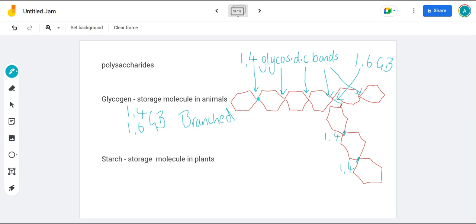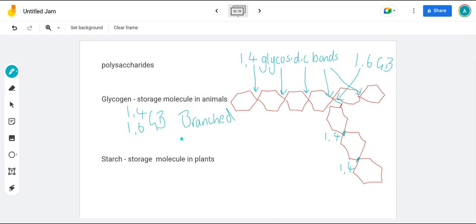And in breaking these glycosidic bonds here, and then respiring the glucose molecules, we could release energy. Okay, now we've only got 2 glucoses accessible. Now, as soon as we've got a branch, we've then got 3 glucose molecules accessible. If we had another branch, we've then got 4 ends. So we've got 4 glucose molecules accessible. And that allows us to have a quicker access, quicker supply of energy. So that's why it's really, really useful.